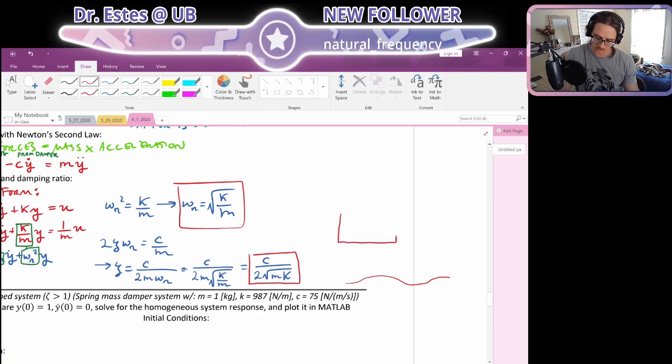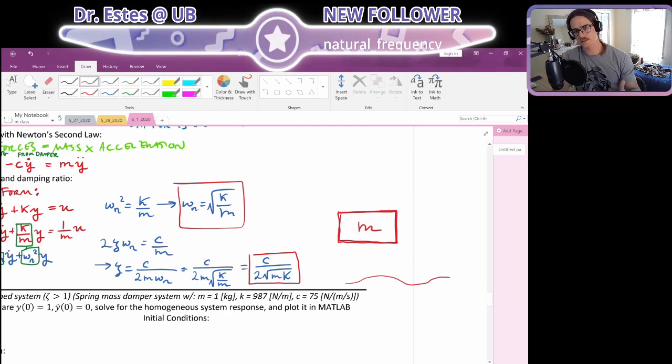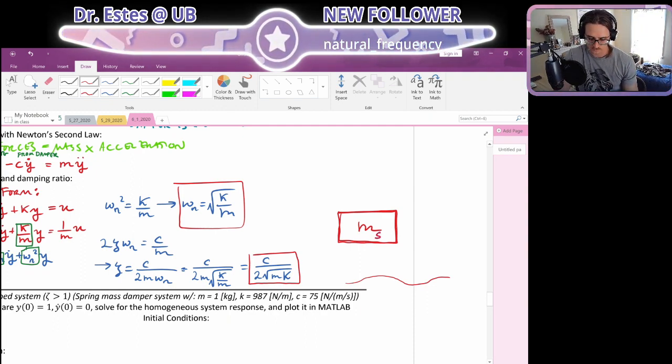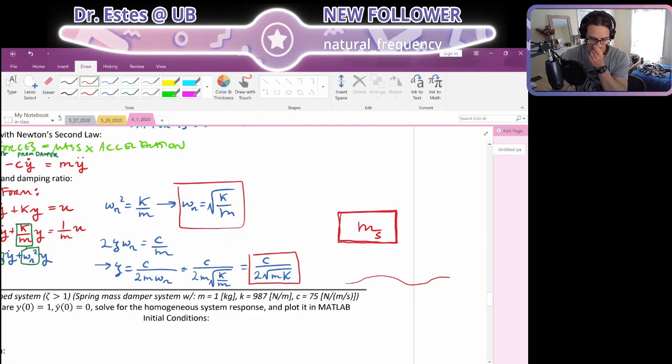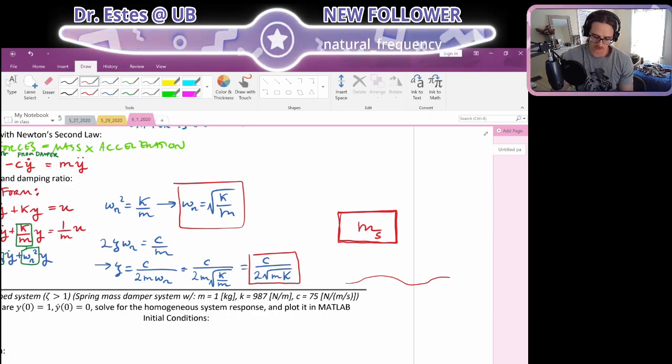Let's call this the mass of your car. The mass above your suspension is called the sprung mass, M sub S. That's your chassis, your passengers, you sitting in your car.